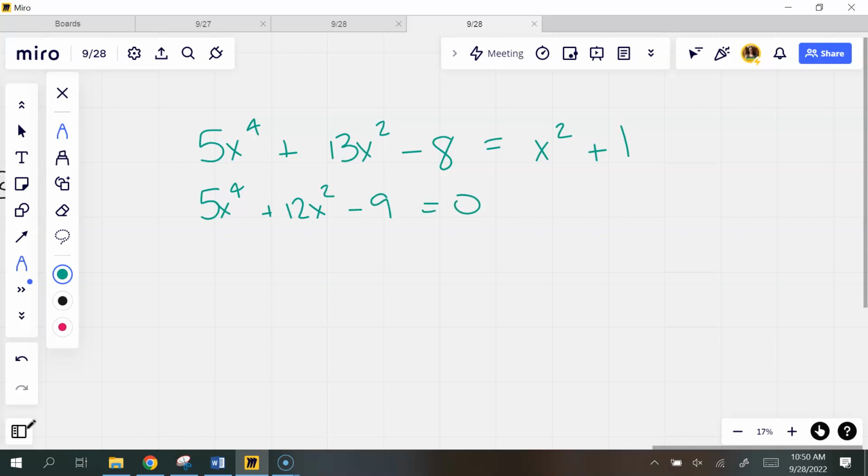No, oh wait. I thought it was 9. I thought it was 7. I thought it was negative 7. I told you it could be factored. What goes in the 5 and goes in the 12?